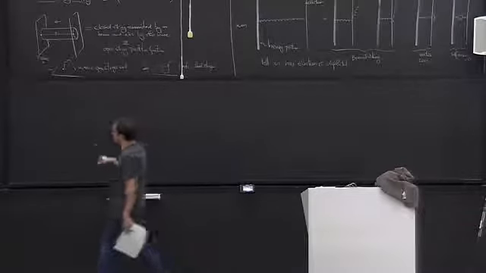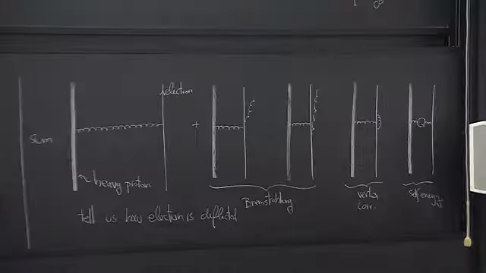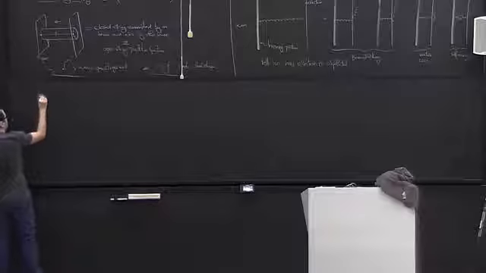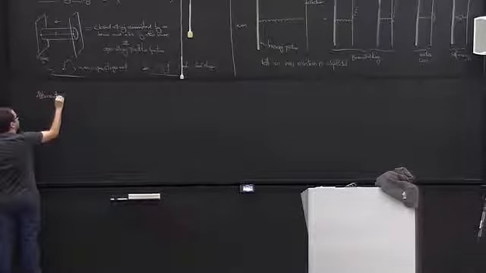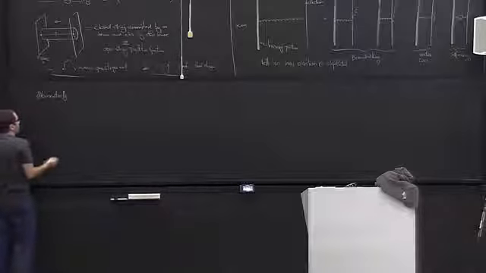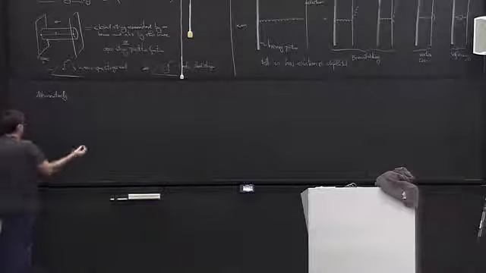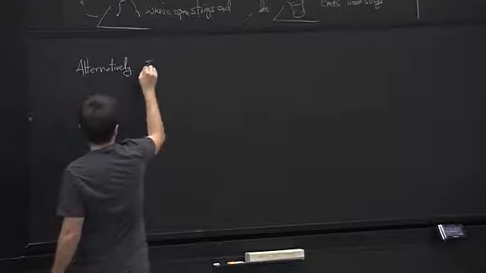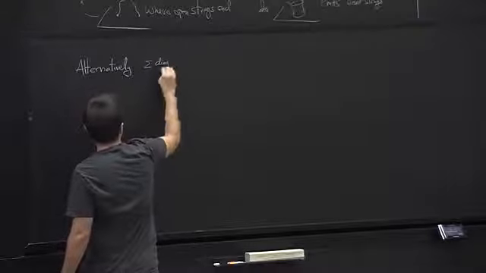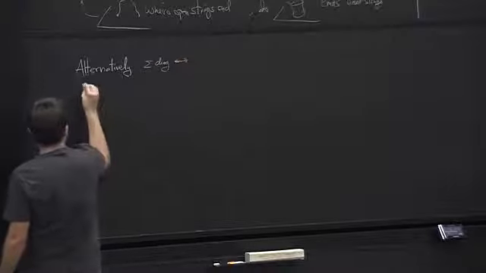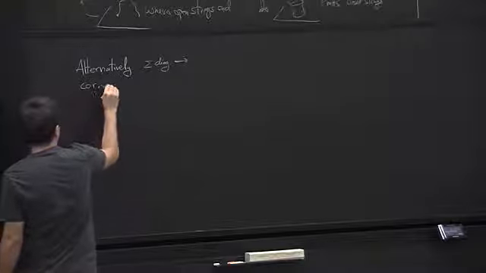But alternatively, another way of thinking, the effect of summing all these diagrams is equivalent to correcting the Coulomb potential.